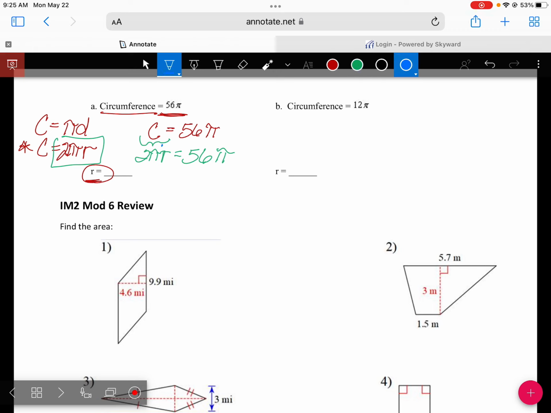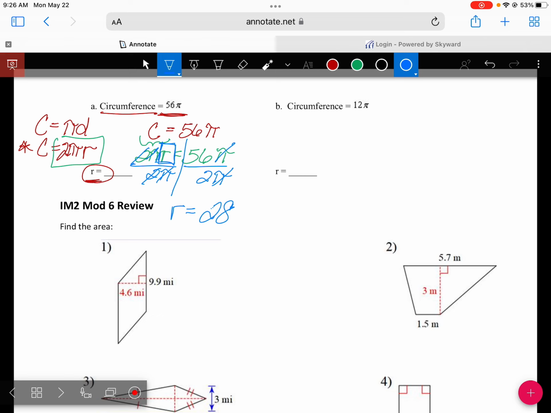I'm trying to solve and get r by itself. Right now, 2 and pi are being multiplied, right? So I want to do the opposite and divide. Whatever I do on one side of the equation, I have to do on the other. Divide by 2 pi. 2's cancel out, pi cancels out. r is equal to 56 pi divided by 2 pi. The pi's cancel out, and 56 divided by 2 is going to be 28.